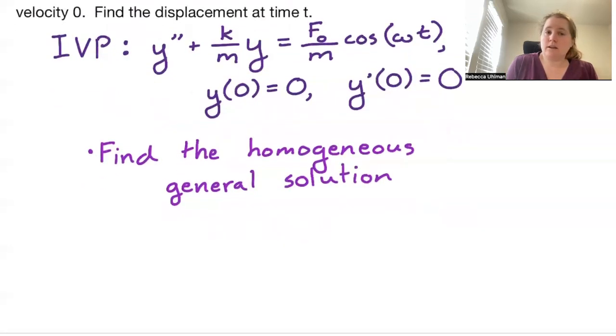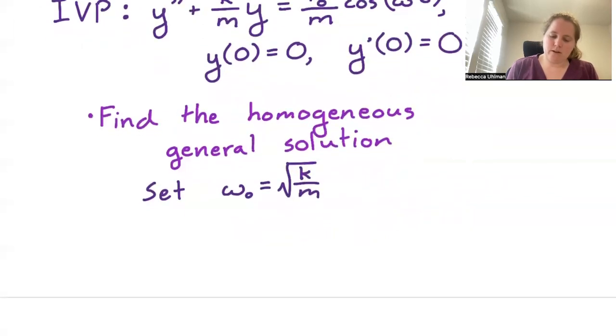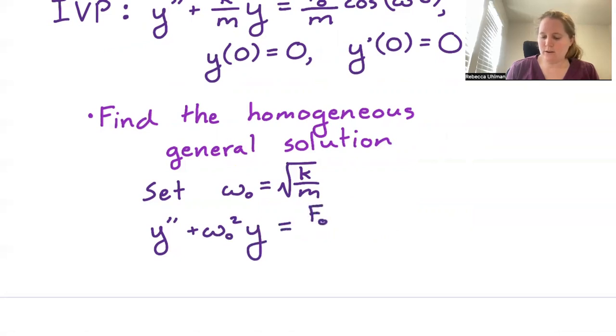So once again, I'm going to set omega naught to be the square root of k over m. So we are looking at y double prime plus omega naught squared y is equal to F naught over m times cosine of omega t.